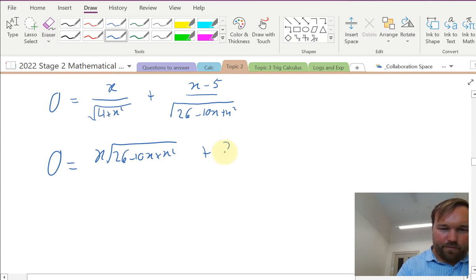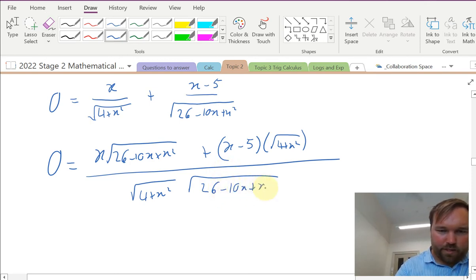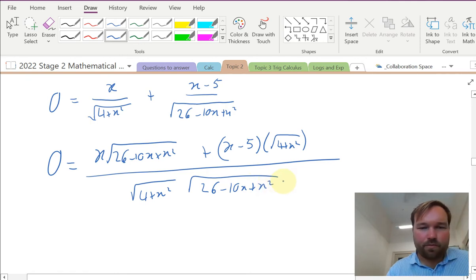Whoa. X take 5. Lots of root 4 plus x squared over root 4 plus x squared root 26 minus 10x plus x squared.